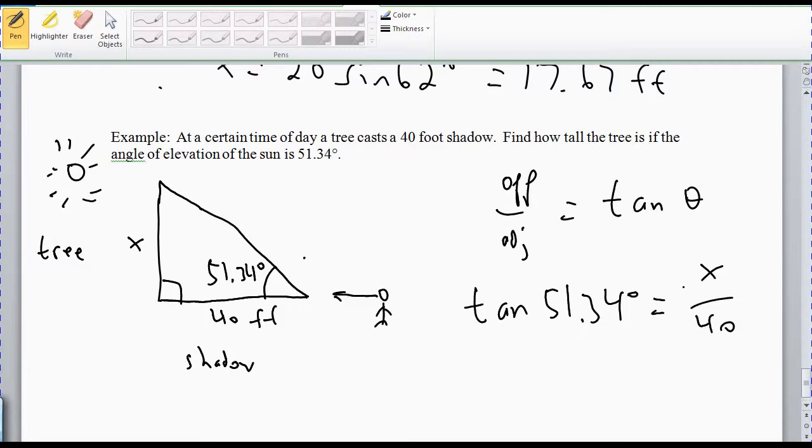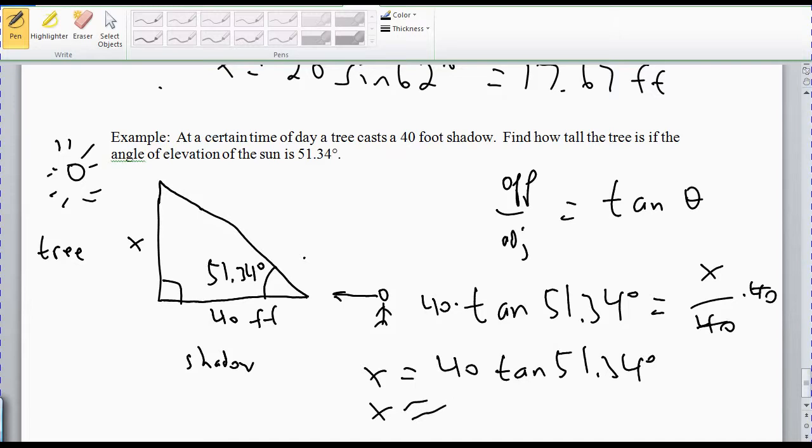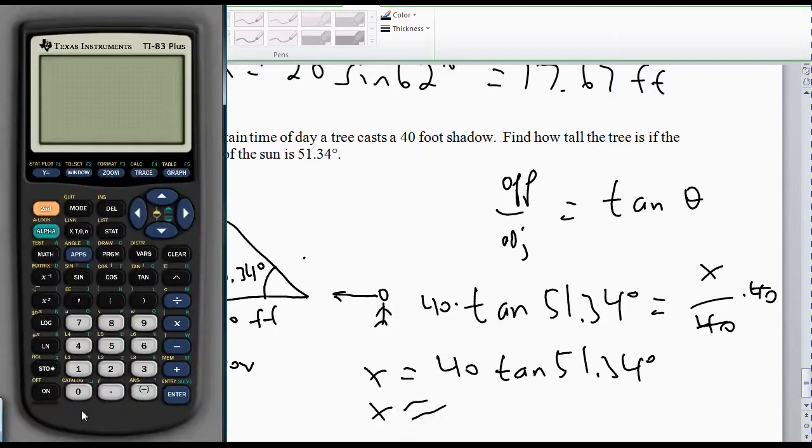And then, like we did in the other example, we're going to solve for x by multiplying both sides by 40. And we get x equals 40 tangent of 51.34 degrees. And so that's approximately, make sure our mode is in the correct form, degree still.